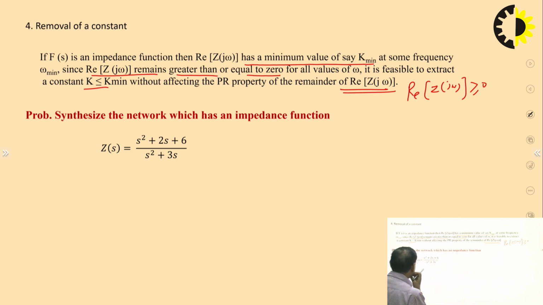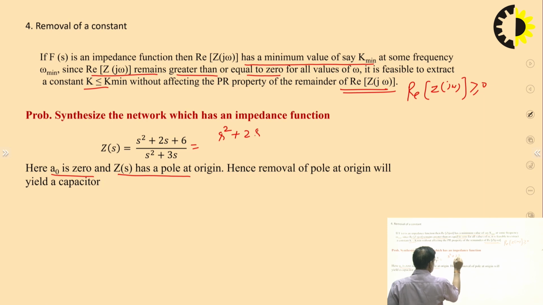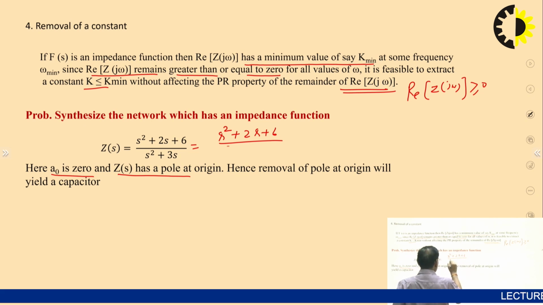So we can see that the function is (s square plus 2s plus 6) upon s into (s plus 3).